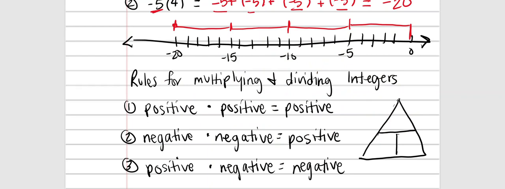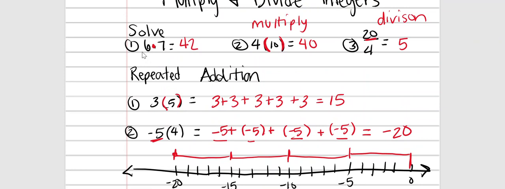Now let's talk about the rules for multiplying and dividing integers. The first thing that you always do is either multiply or divide the numbers that you have. Then we'll focus on the signs. If you have a positive times a positive, you get a positive, which is similar to the examples that you had above. 6 times 7, that is a positive times a positive, and I got a positive 42.